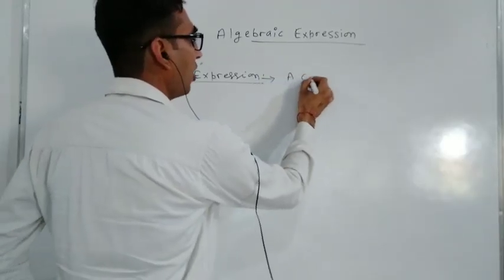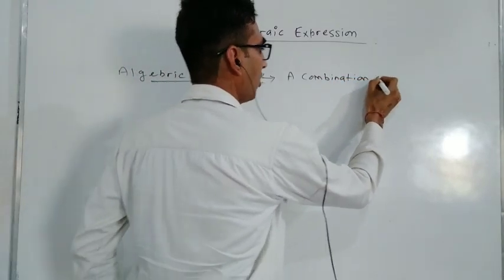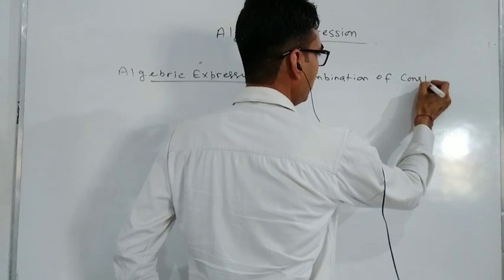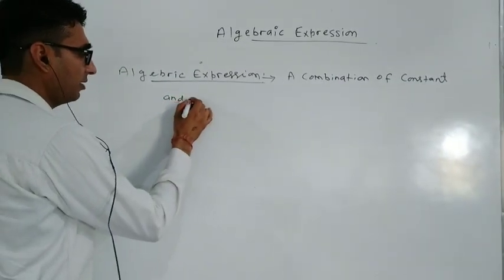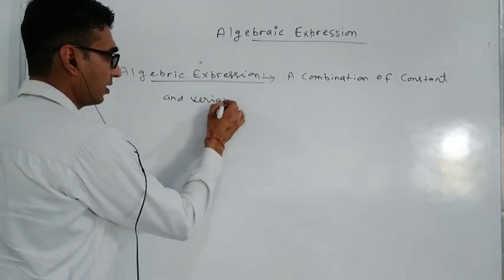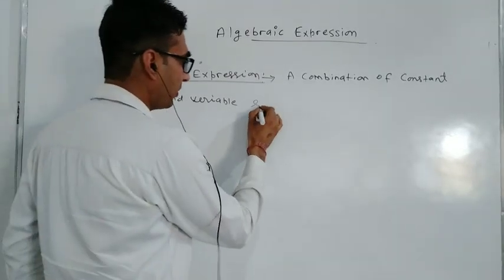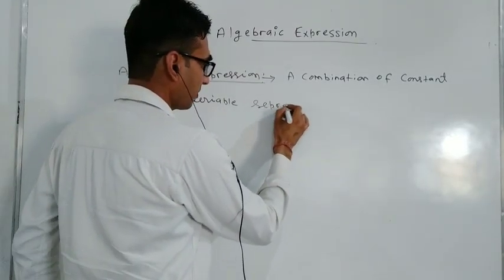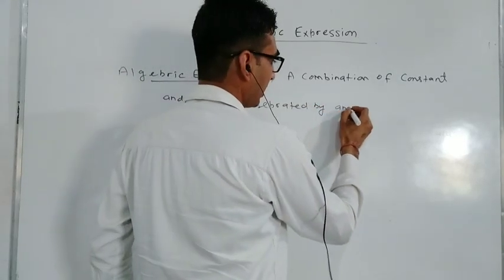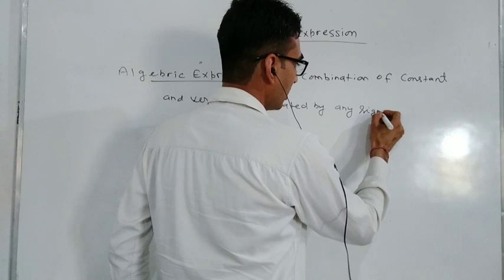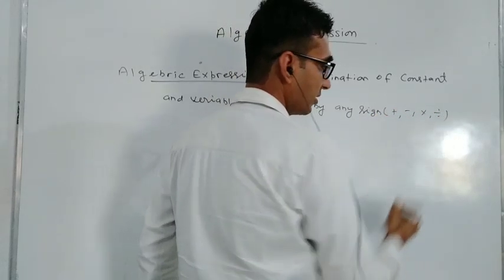A combination of constant and variable, separated by any sign, that can be plus, minus, multiply, or divide.